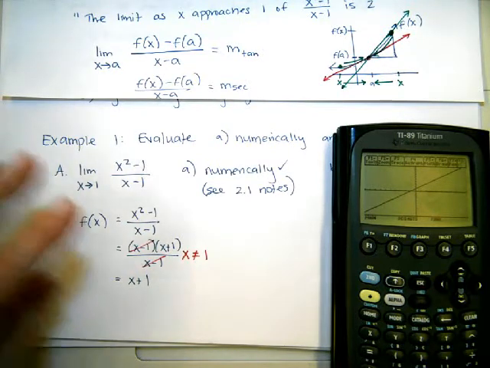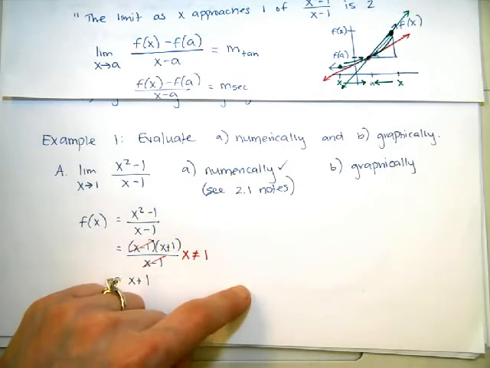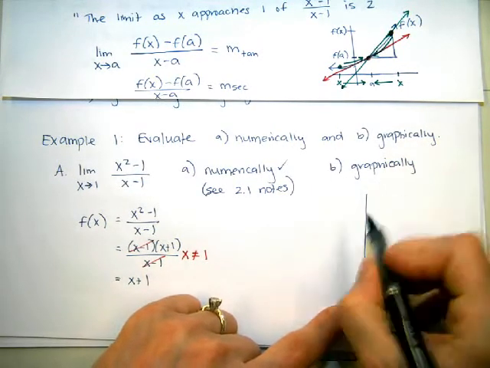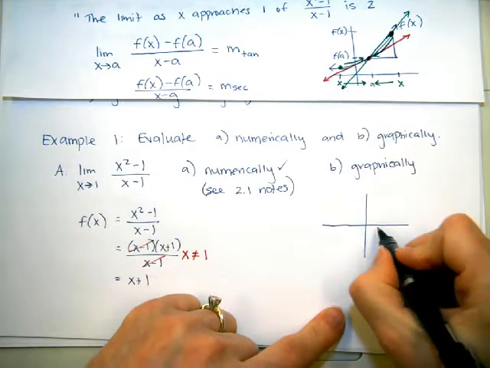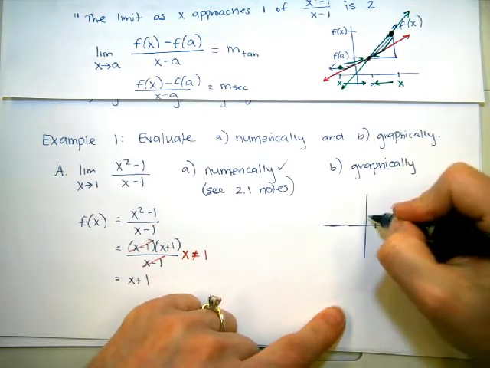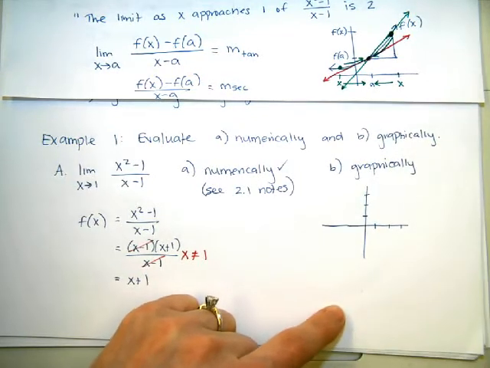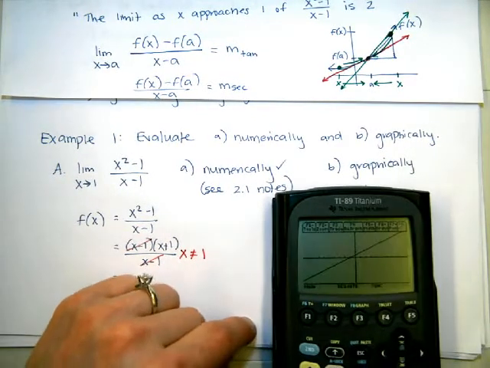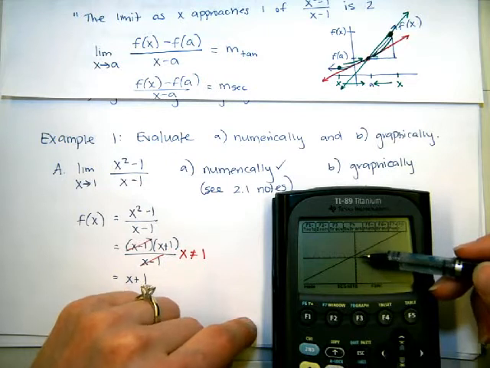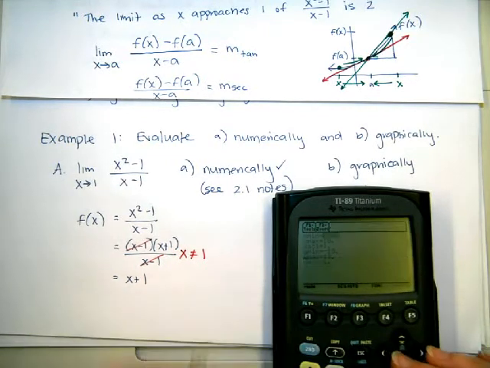Anything else is fine. So basically, if we were to graph this function, I'm going to graph it here. You can just use your calculator if you want, but there's something that your calculator's not showing. Right here at 1, let me zoom in a little bit, because we want to see what's going on near 1.